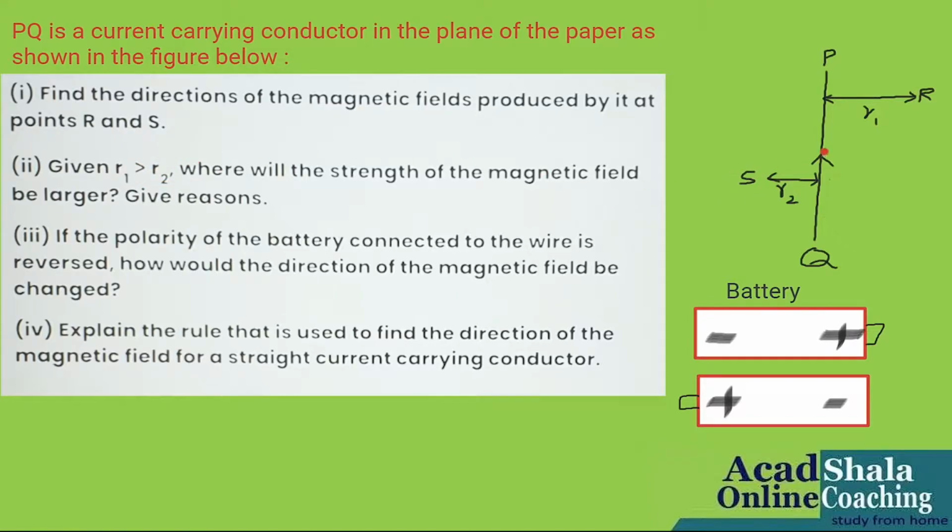So one more thing we are observing over here, that point R is away from the current carrying conductor PQ in comparison to the point S. That means this point S is closer to the conductor, the current carrying conductor PQ.